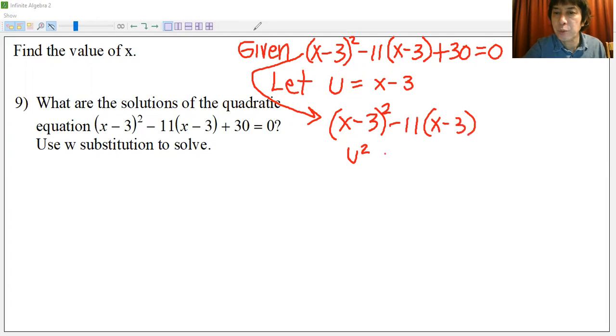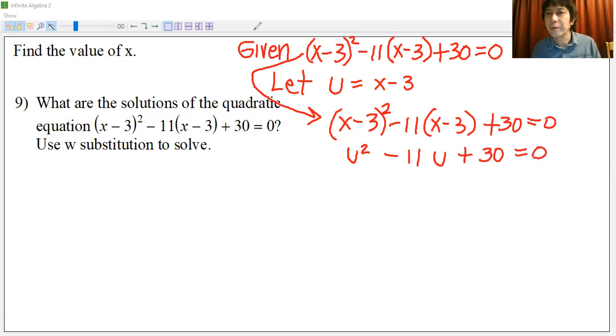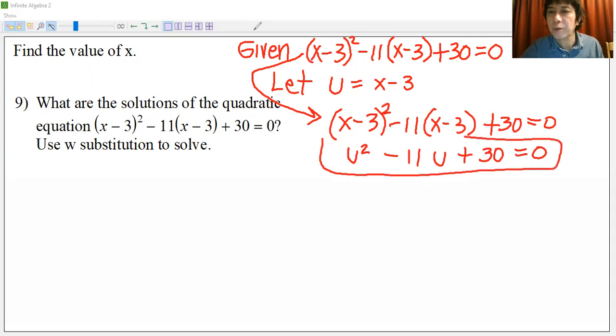We shall continue with minus 11, x minus 3 is u. And then we continue with plus 30 equals 0. And we have a single letter quadratic equation over here, just changing the x minus 3 with the letter u.